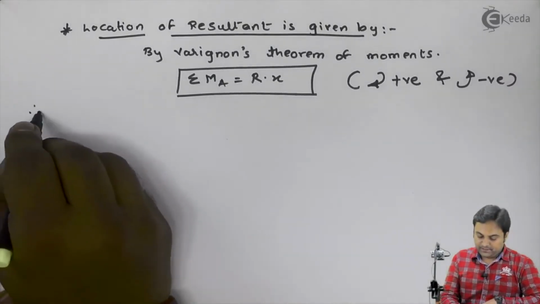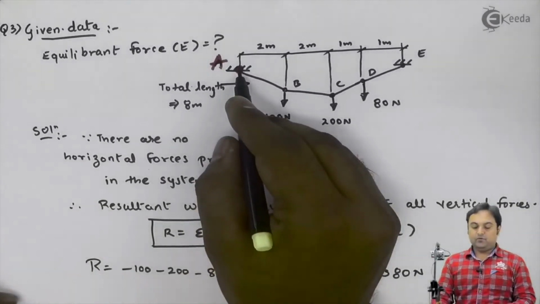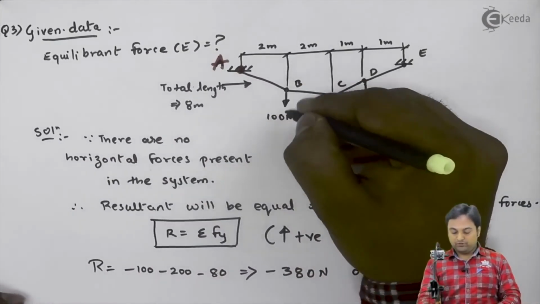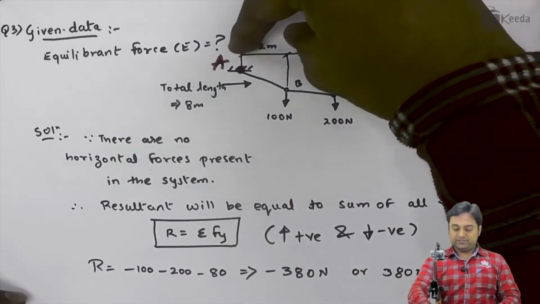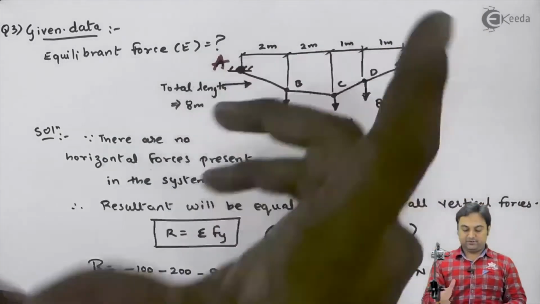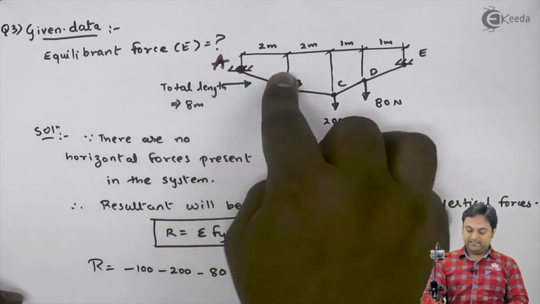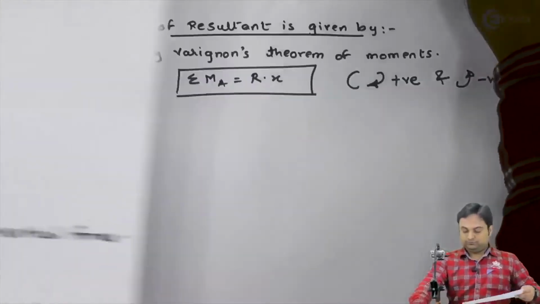Hence I can say, I am taking moment at A. The first force is 100 Newton. Its perpendicular distance with respect to point A is 2 meter. It will be acting in the clockwise direction, so it is plus 100 into 2.